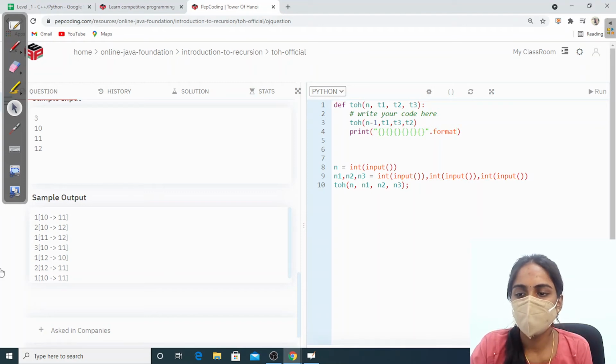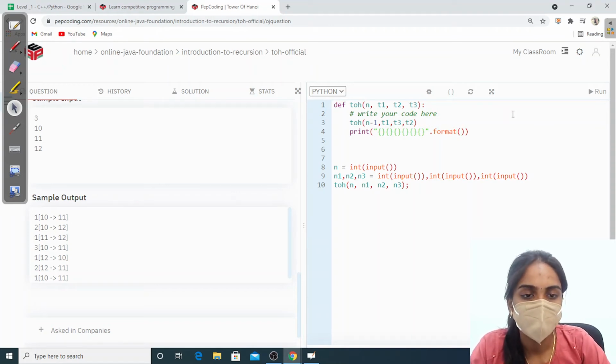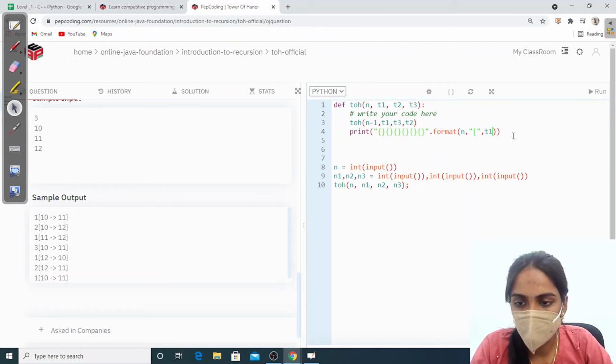Okay, it should be, first we are going to place n, that is number of moves. Okay, so format of n, number of moves, comma, we need to give the open square brackets. Okay, then we have to print T1, that is tower 1.